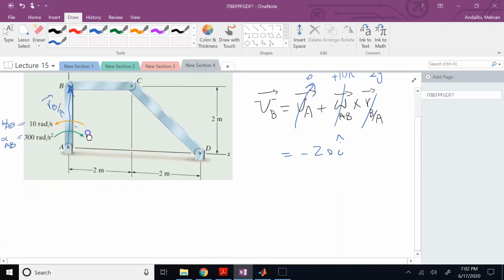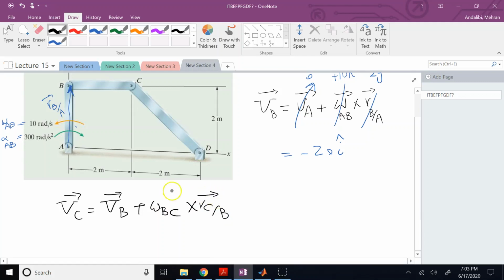Now I go to point C, and I go to member BC, and I say V of C is equal to V of B plus omega BC cross R of C with respect to B. And R of C with respect to B is this one.